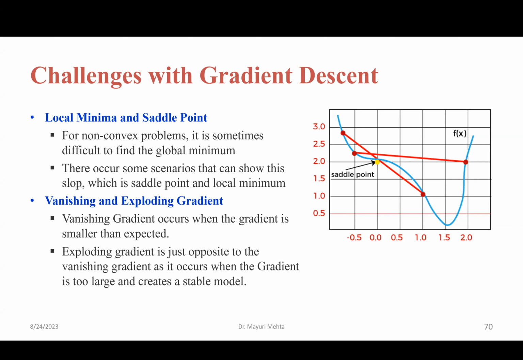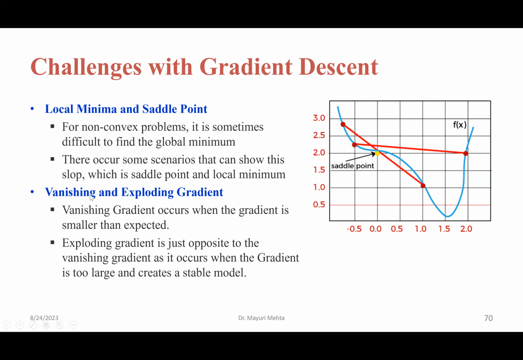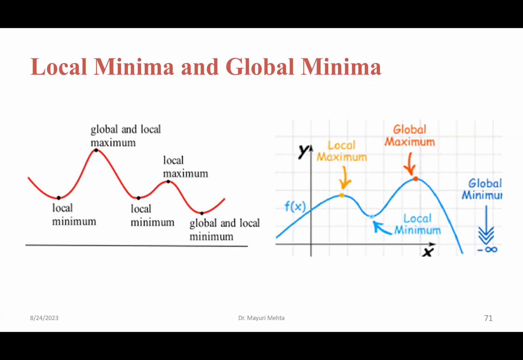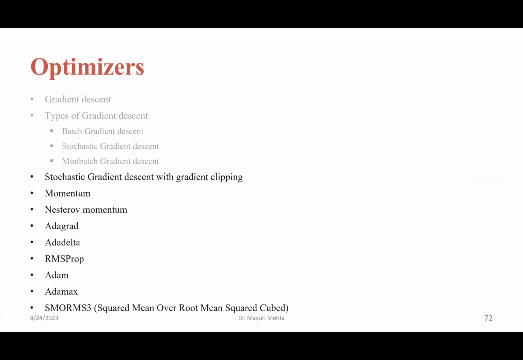So this is about the problems associated with gradient descent. Local minima and global minima we discussed. So far we discussed gradient descent and its subtypes. Four optimizers we discussed: gradient descent, batch gradient descent, stochastic gradient descent, and mini-batch gradient descent.